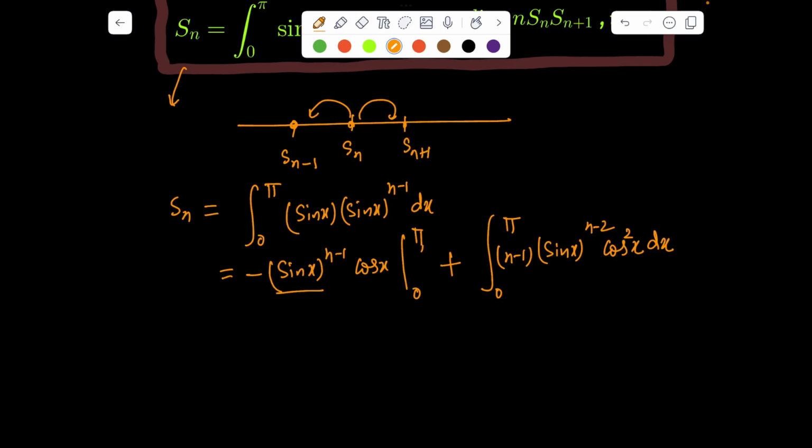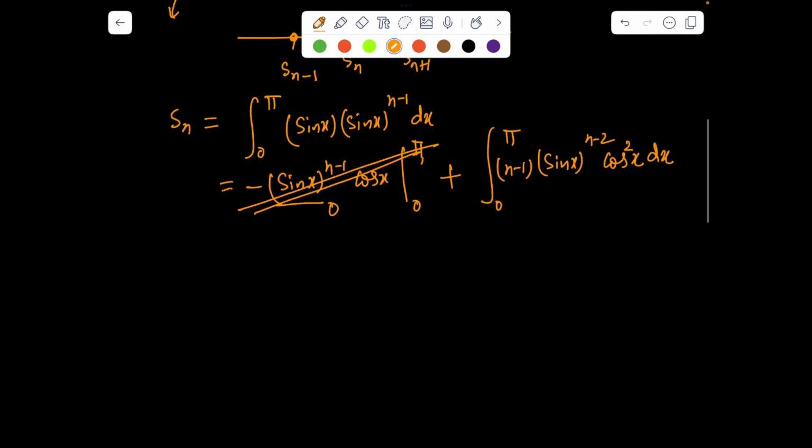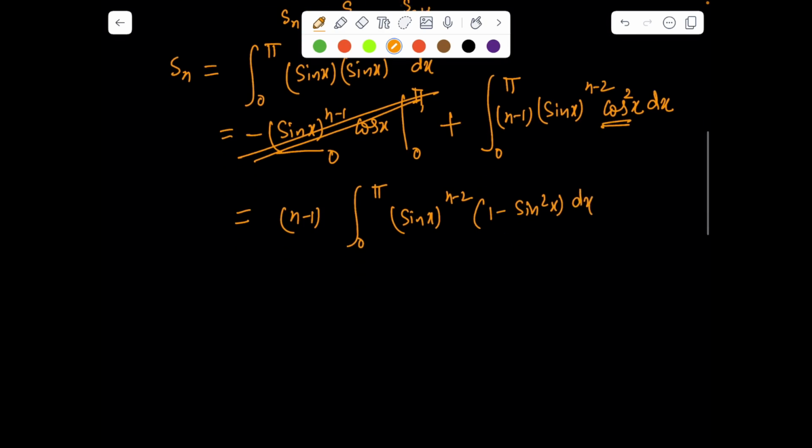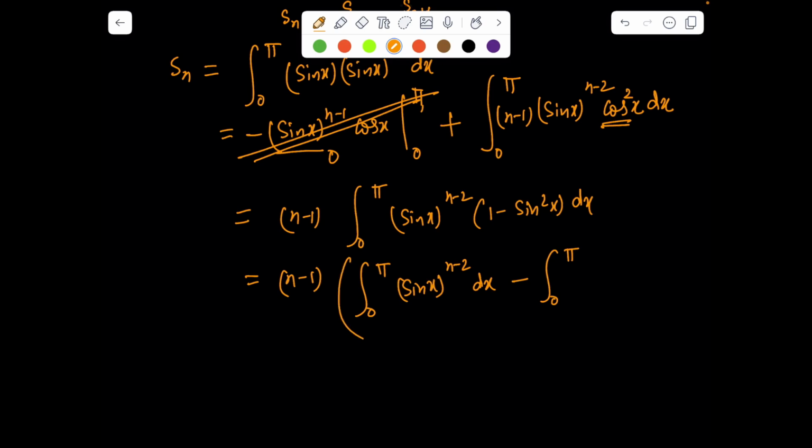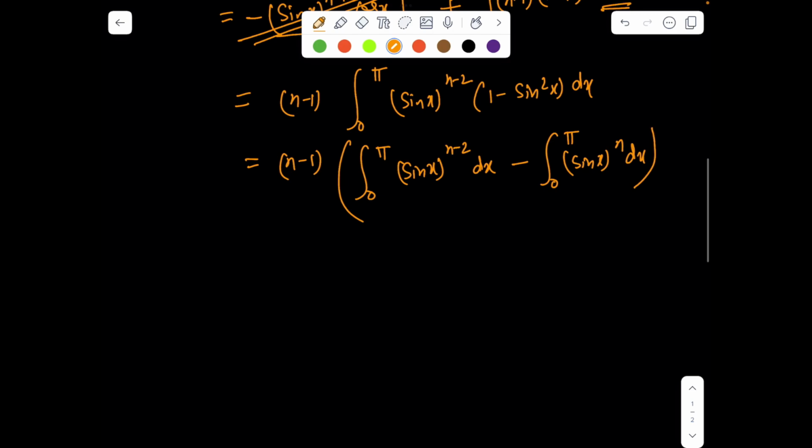Now at 0 sine goes, and at pi sine goes, so this simply evaluates to 0. So I'm left with (n-1) times the integral from 0 to pi of sin^(n-2) x cos^2 x. Interestingly, cos^2 x can be broken as 1 minus sin^2 x dx, which gives (n-1) times the integral from 0 to pi of sin^(n-2) x dx minus the integral from 0 to pi of sin^n x dx.